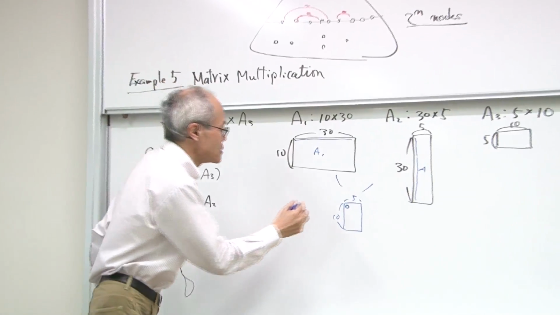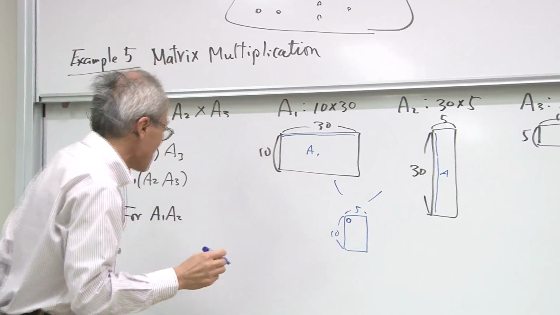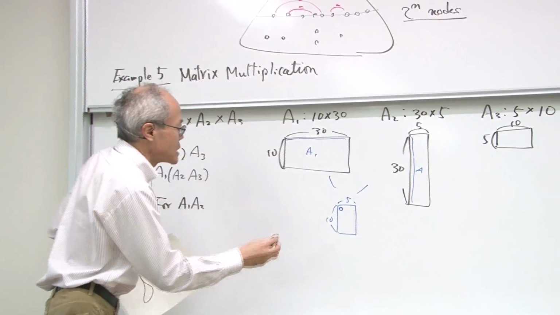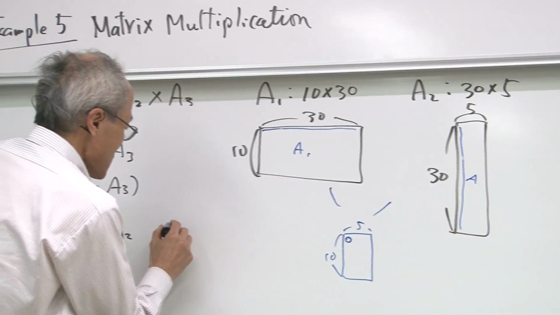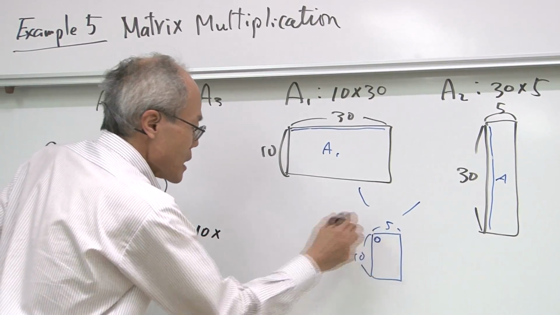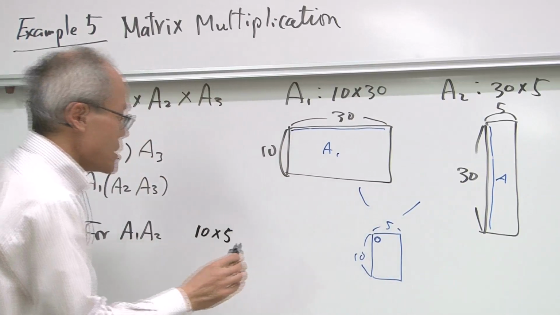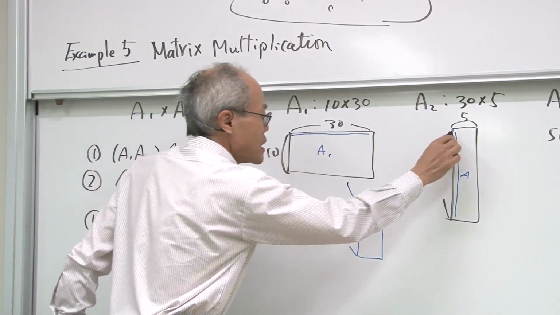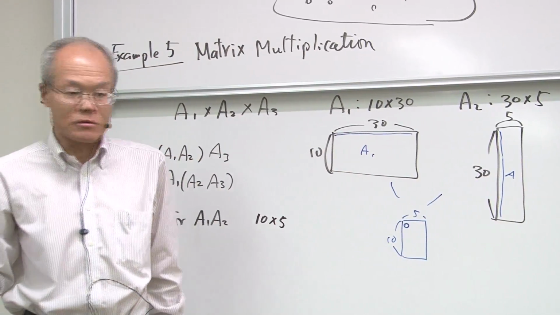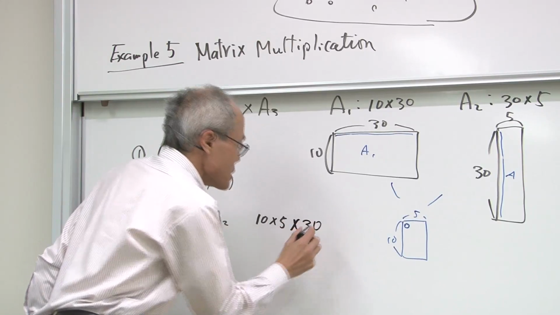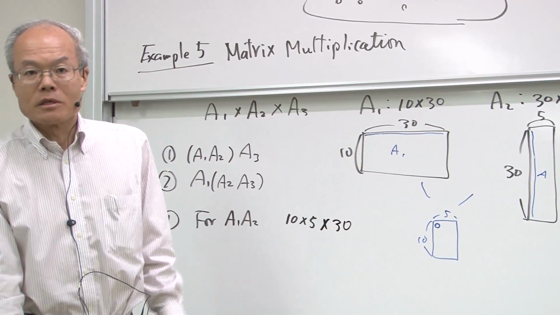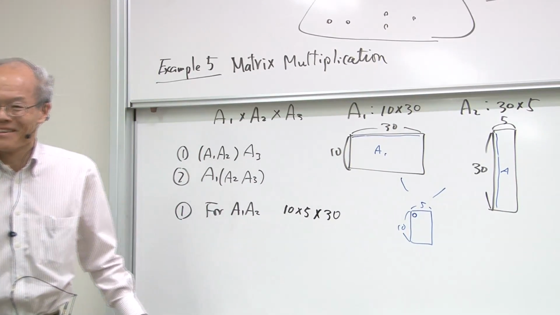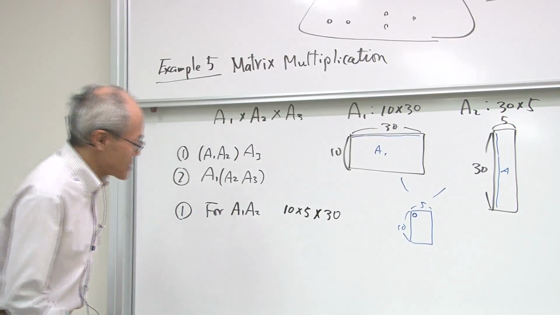So the amount of work: we have 10 times 5 numbers, and to get each number we need 30 multiplications. That is the number of arithmetic computations, roughly speaking.